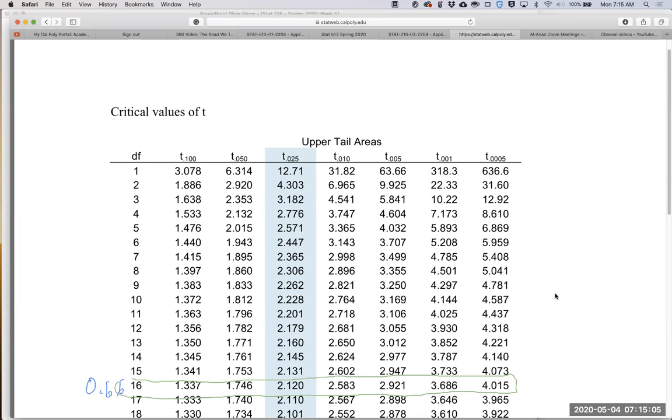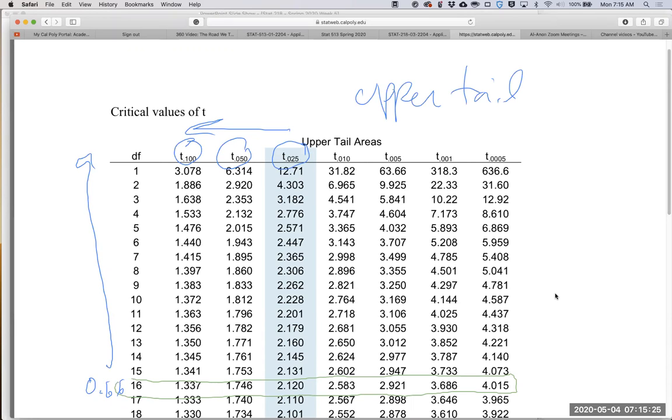If I read to the top, the upper tail areas are 0.025, 0.050, 0.010. Notice as we move to the left, the upper tail areas get larger and larger. Our upper tail area is greater than 0.10.